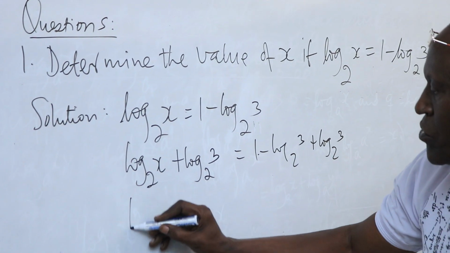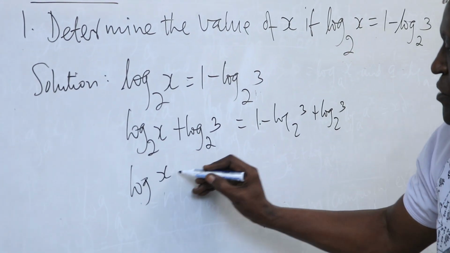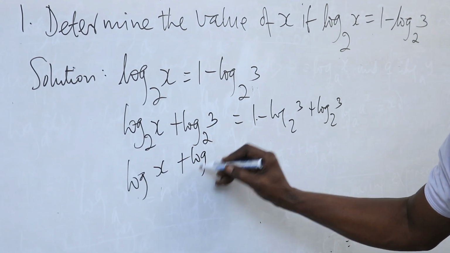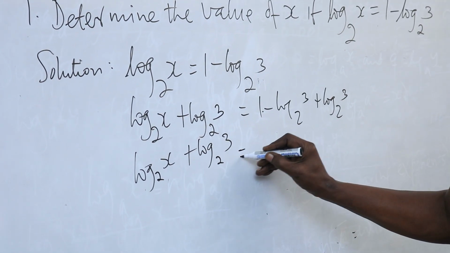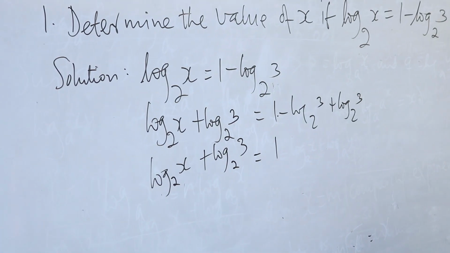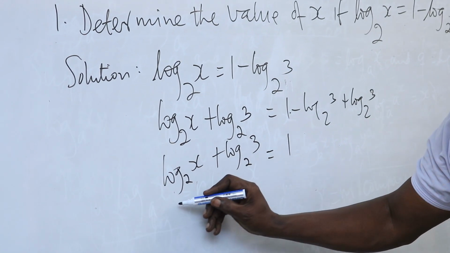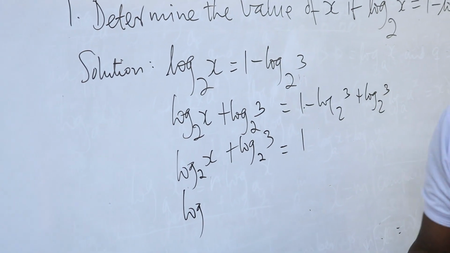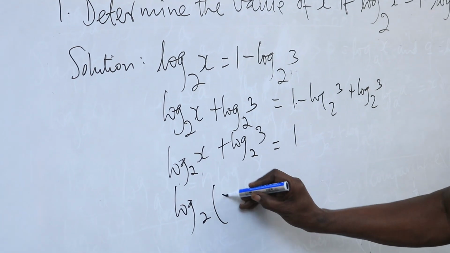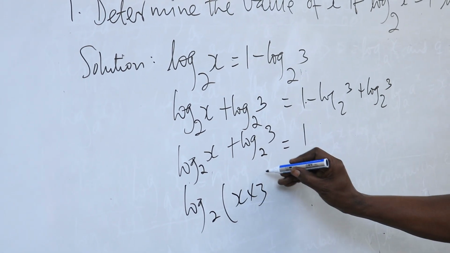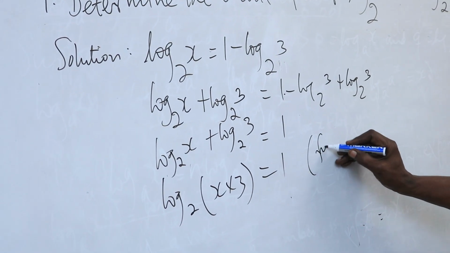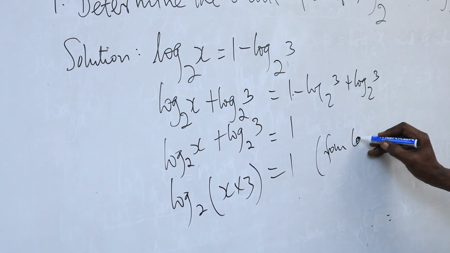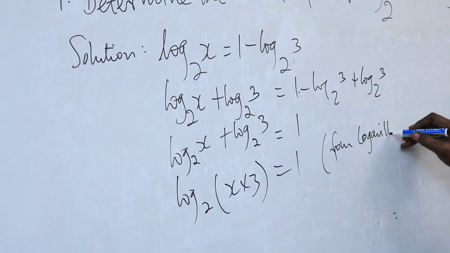This gives you logarithm x plus logarithm 3 base 2 equals 1. Then we can combine this as logarithm base 2 of x times 3, which is equal to 1. This is from the logarithm of a product.